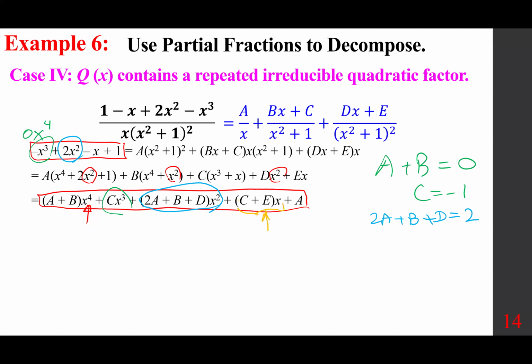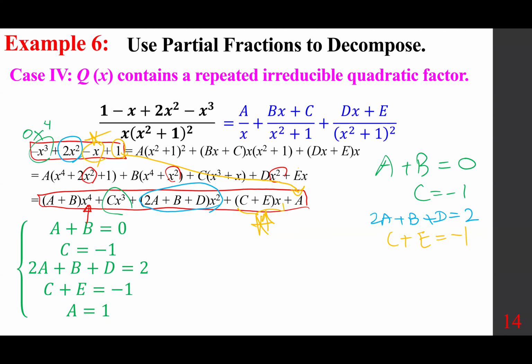Look at x. C plus e must be -1 because the coefficient of x is -1. And finally, 1 is the same as a. So that's what you write.